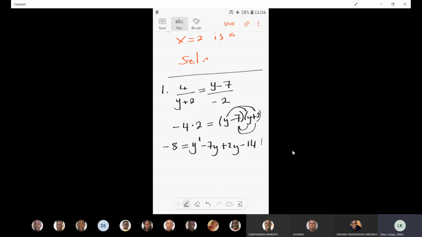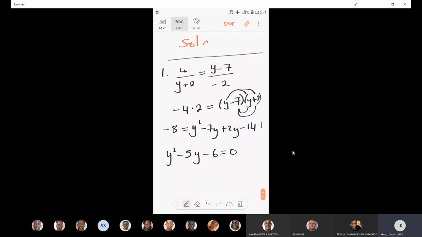Then you collect all the terms on one side, have 0 on the other side. So you have y squared minus 5y, and then I will have negative 6. This is equal to 0, because I have minus 14 plus 8.